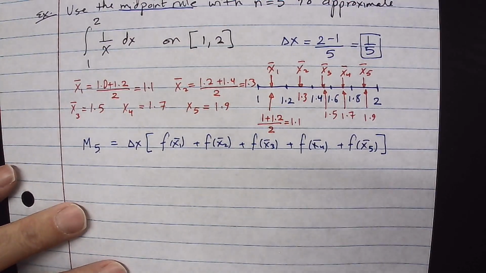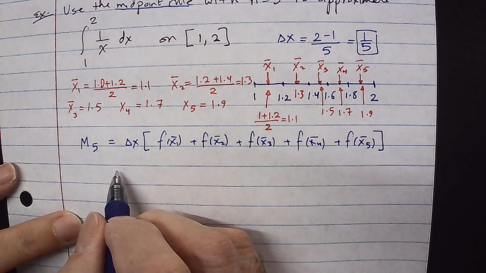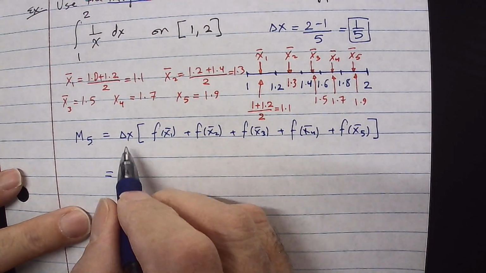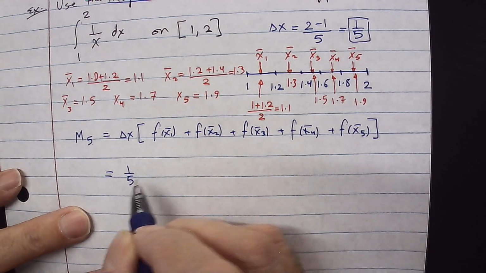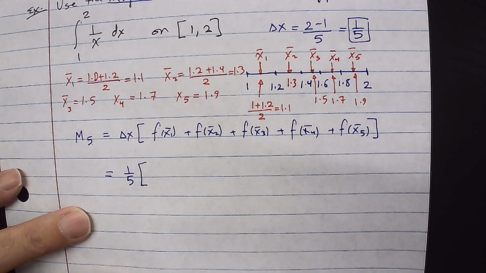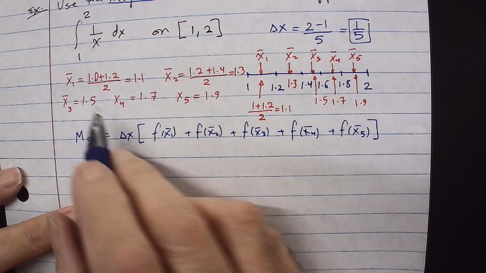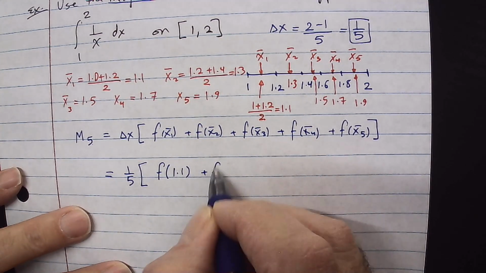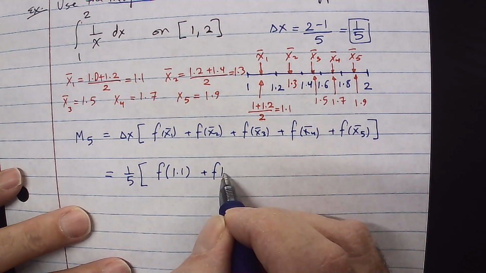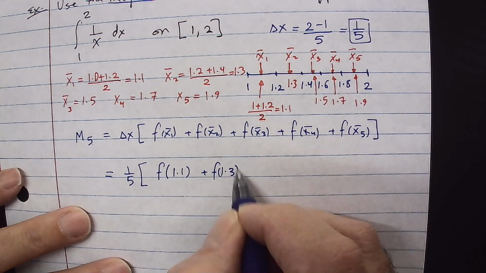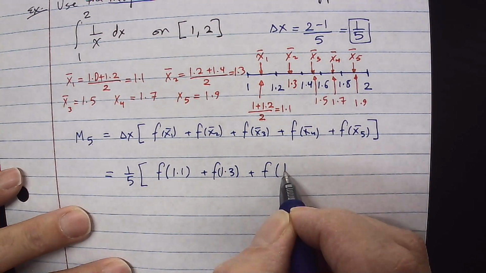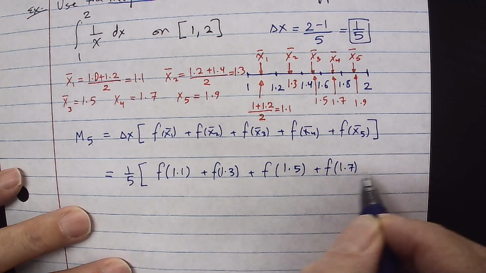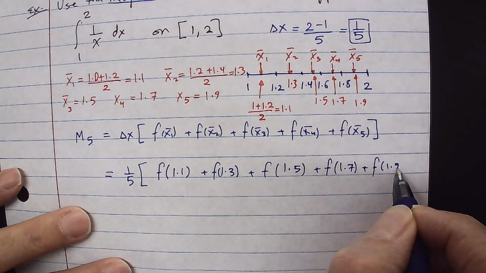Now, having this done, I need to substitute for these terms. The delta x is 1/5, and then f of x1 bar is f of 1.1, f of x2 bar is f of 1.3, f of 1.5, f of 1.7, f of 1.9.